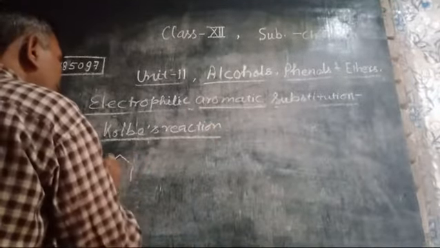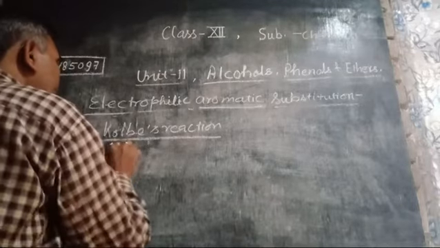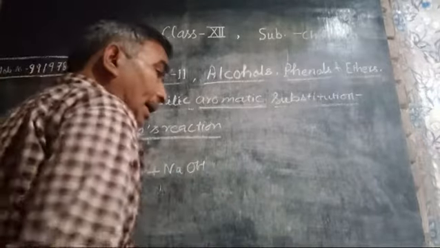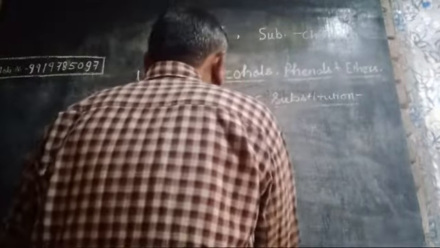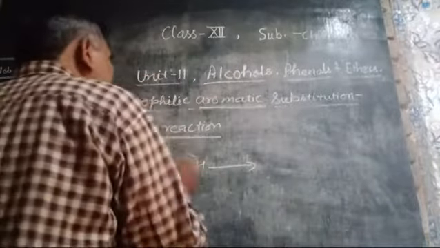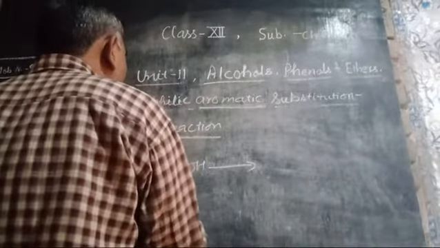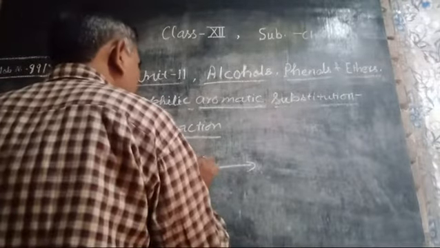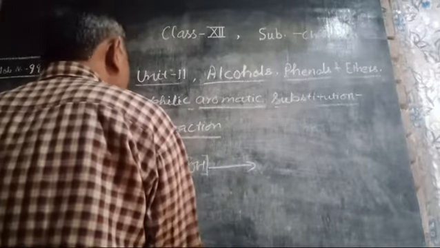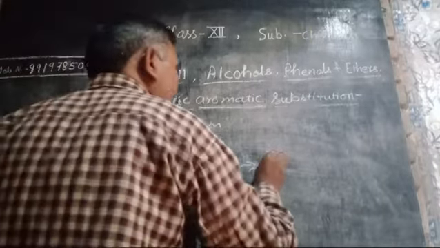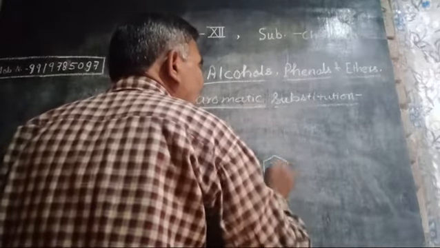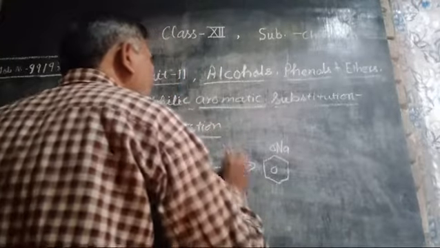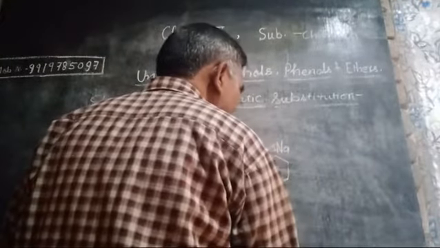When phenol is treated with NaOH, sodium hydroxide, forming water molecule, one of the intermediate compounds, sodium phenoxide, is obtained by loss of one water molecule. It is called sodium phenoxide.